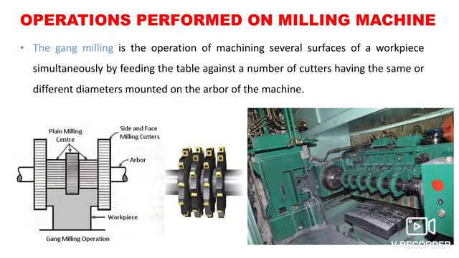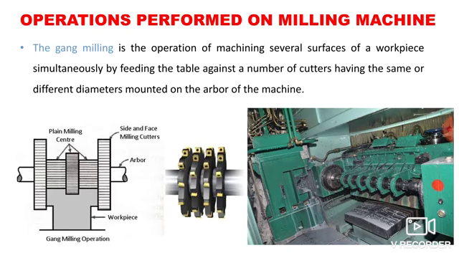Now gang milling is the operation of machining several surfaces. Several surfaces you can simultaneously machine by feeding the table against the number of cutters. If the feed is given with the help of the table, you have to move along the x, y or z direction.